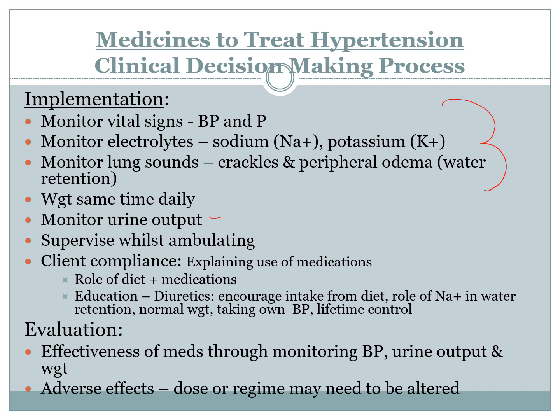If they're taking diuretics, encourage them on the role associated with sodium or potassium, depending on which diuretic it is, which we'll talk about later. Okay, when someone gets put on hypertensive medication, it generally means that they're on it for life, but it does take some tweaking left or right in order to get the balance right.